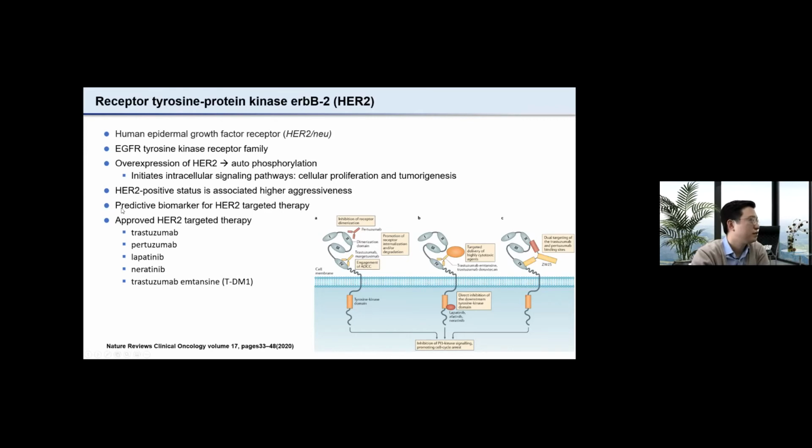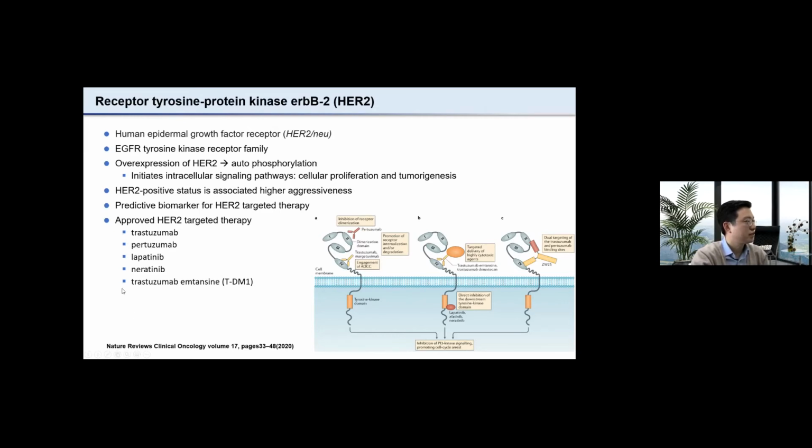And there are multiple HER2 targeted agents which are approved and showing very good efficacy. So HER2 is a biomarker that is used for prediction of the treatment efficacy.